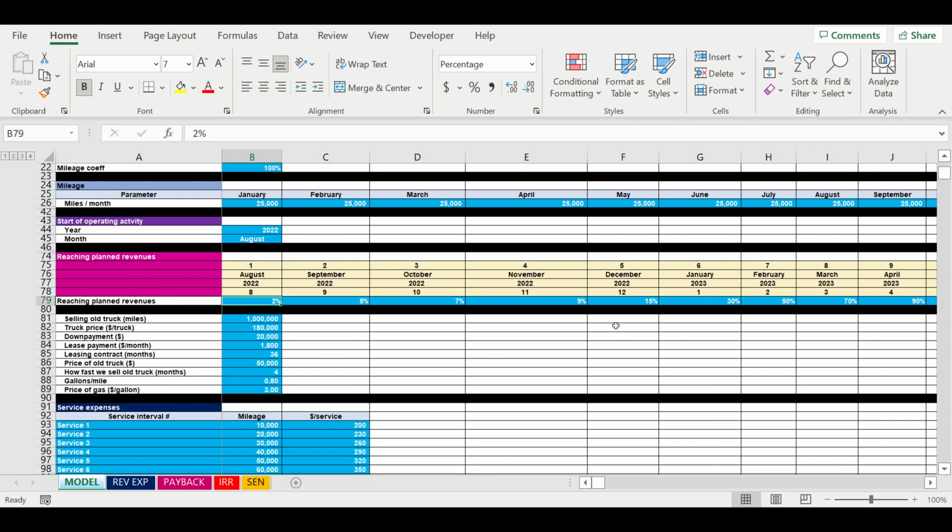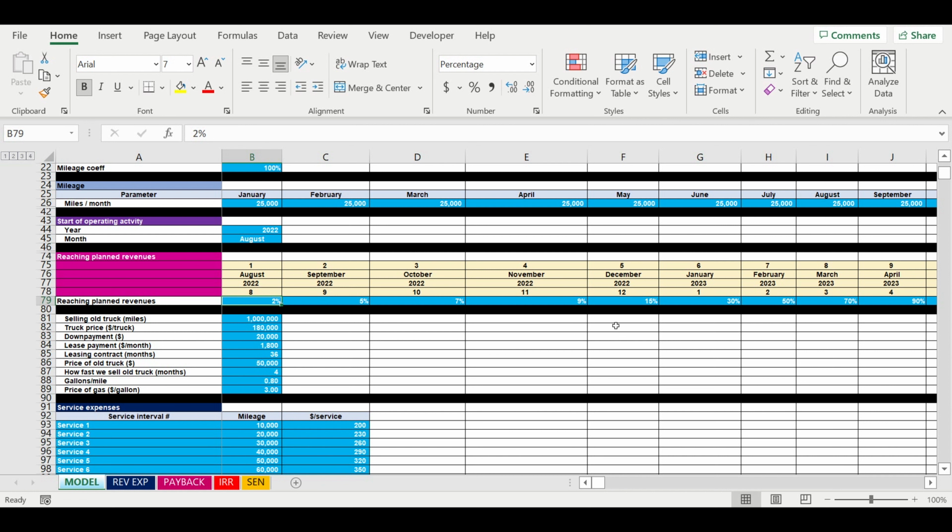So we're moving forward, and here we specify the idea of our model is that our truck, when we buy it, won't last forever. One day it will become an old truck and we will sell it because the expenses on services will grow, and we will have to sell it. And here we specify the mileage when we sell an old truck and buy a new one.